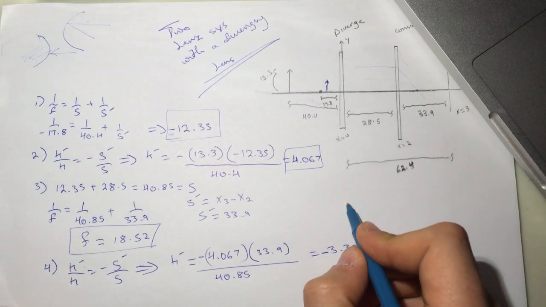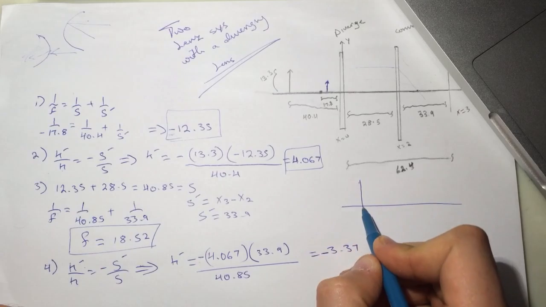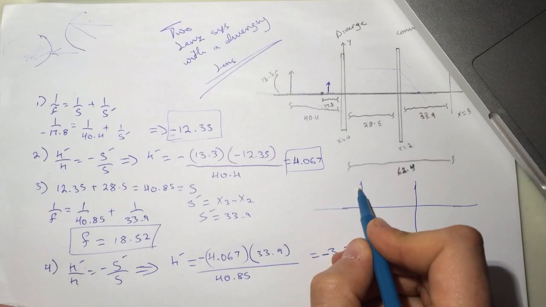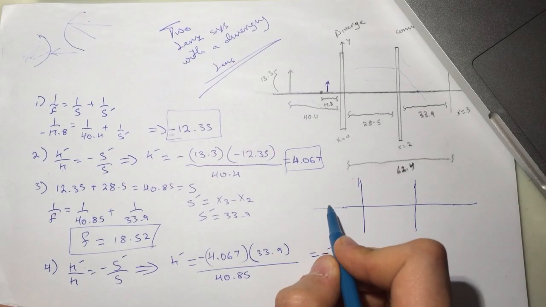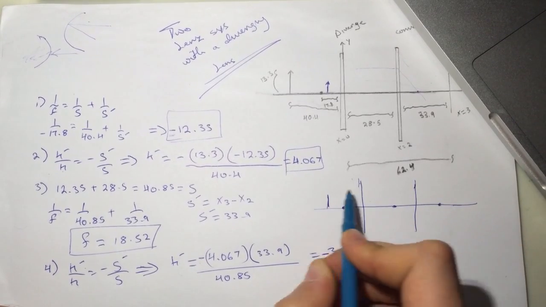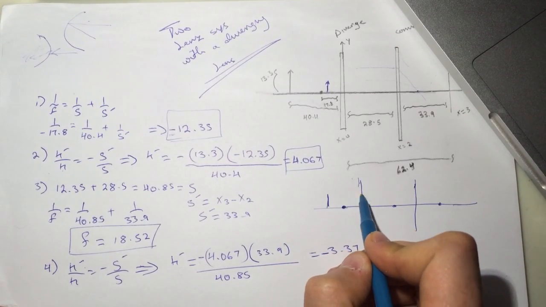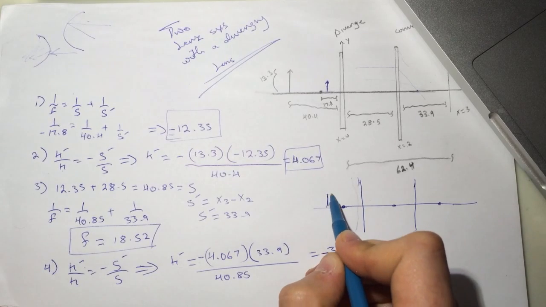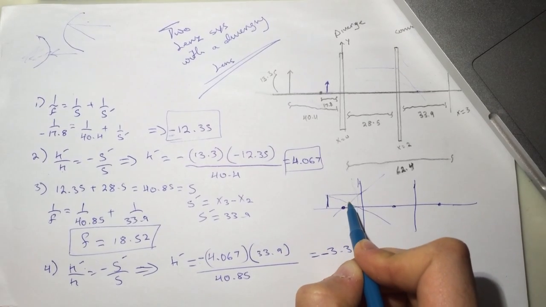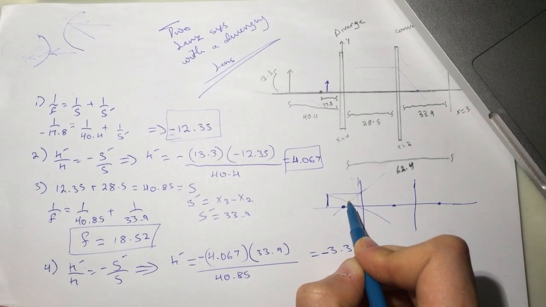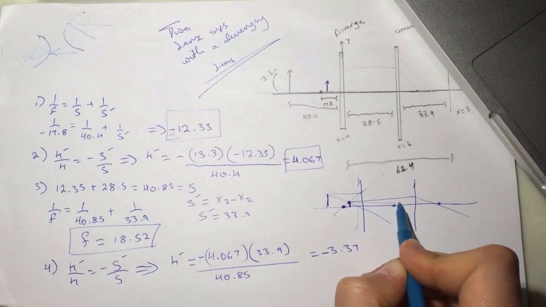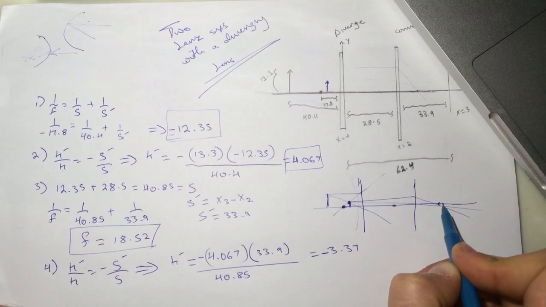I'm gonna answer the fifth question while doing this. Say this is the focal point for each one. So this is a diverging lens, right? The light will go like this, so it forms an image that's here, and then goes to the converging one.